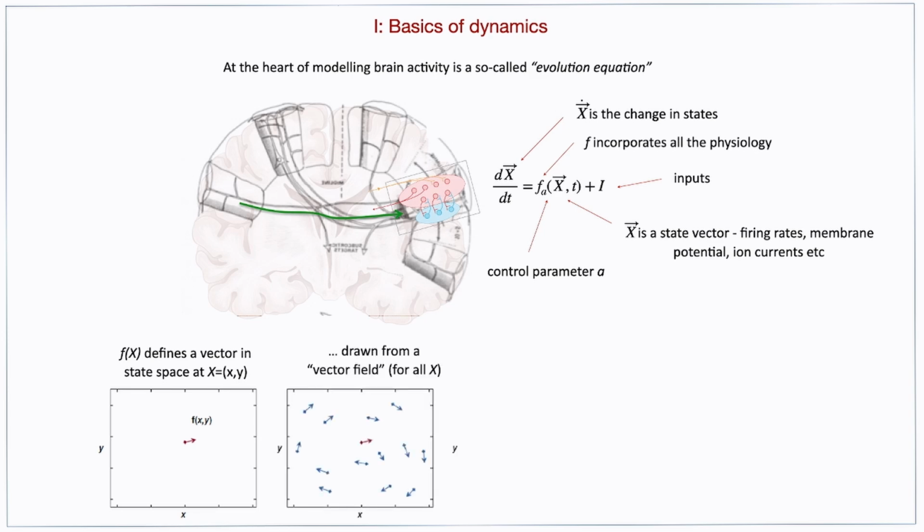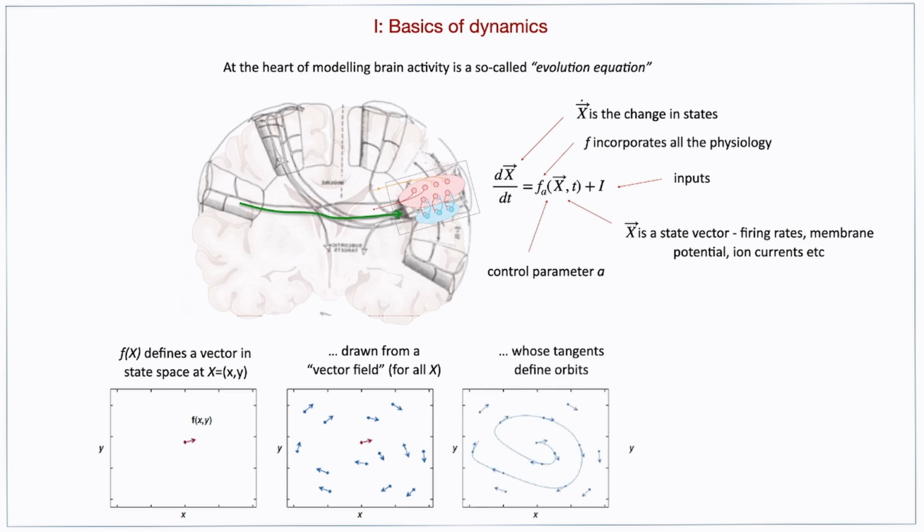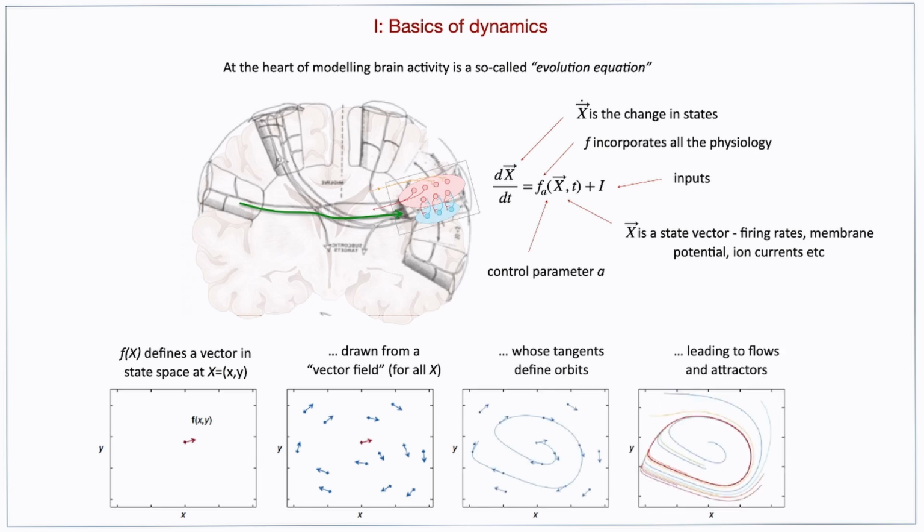F has a magnitude in this x and y space, so it gives it a vector. We have vectors all over this manifold or this phase space, and then we can draw tangents which define orbits, and these lead to attractors. And often then I skip forward to much more complex things, and today, like a recurrence of Vic, I'm going right back to some of the basics.